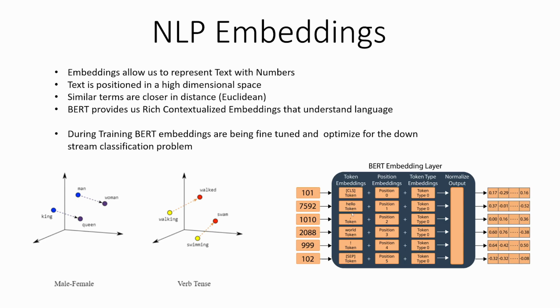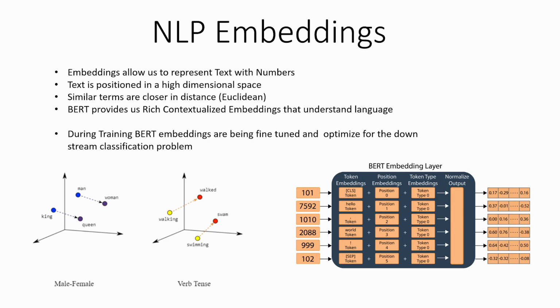The phrase hello, world, ! is broken down into 6 different tokens, and each one of those tokens has 768 numeric values associated with it. So effectively that's 4,600 numeric values. And this very large array of numbers is what provides us with the rich context of language.